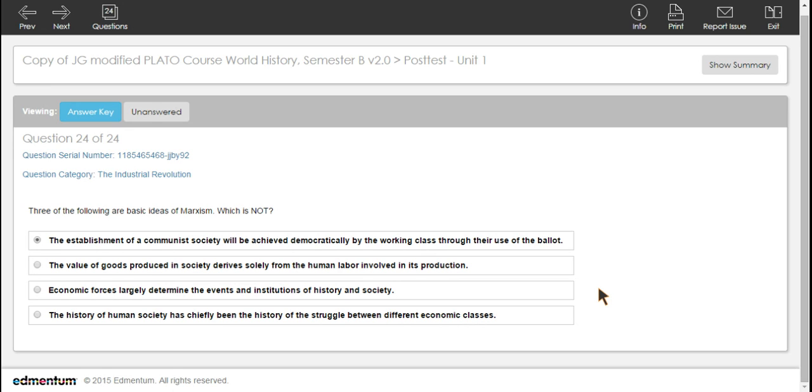The correct answer is the top one, which if you talked to any modern communist, they would disagree with that, and they would say that communism is actually best achieved through democracy. So maybe that's why all the communist countries haven't done so well.